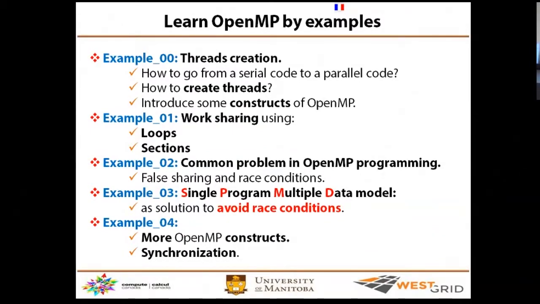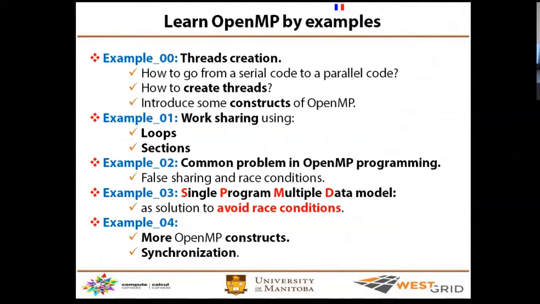In the second part, there are 3 examples. In example 02, I will introduce the problem of race condition, which is very common in OpenMP. If you know how to avoid this kind of problem, you can program many things in OpenMP. As a solution to avoid this, there is what we call the SPMD model, single program multiple data, as a solution to avoid the race condition.